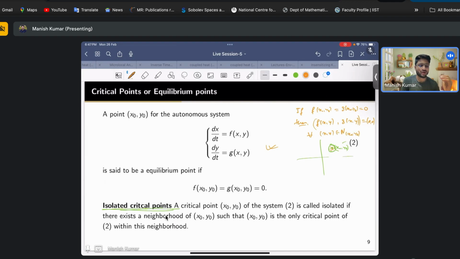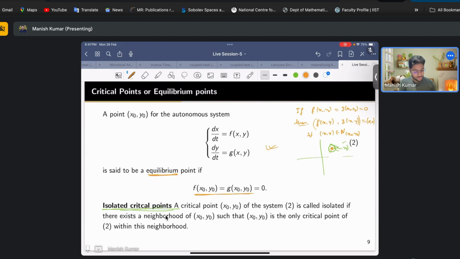So if the functions f and g are vanishing at some point x naught comma y naught, then that point will be called isolated if there exists a neighborhood in which the functions cannot vanish simultaneously. You know that for an equilibrium point, both functions should vanish simultaneously.